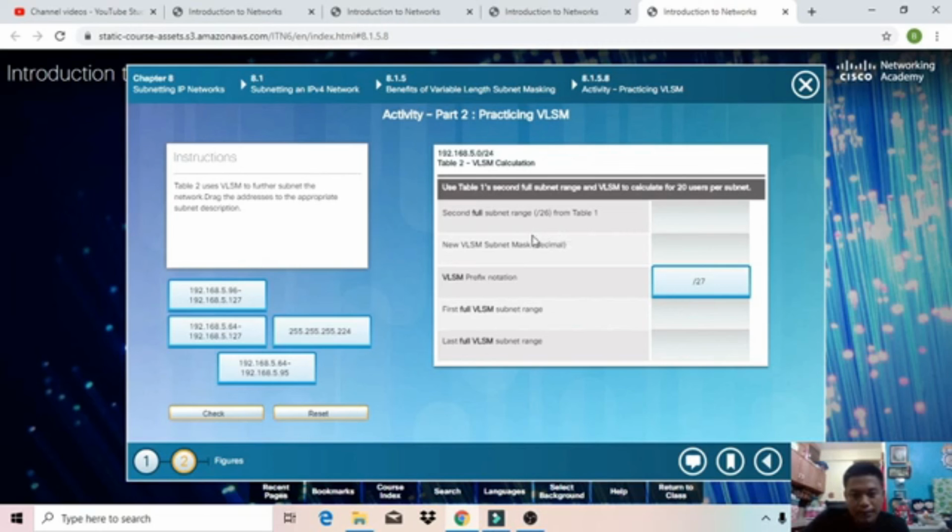The second full subnet range from table 1, I think is 192.168.5.64.